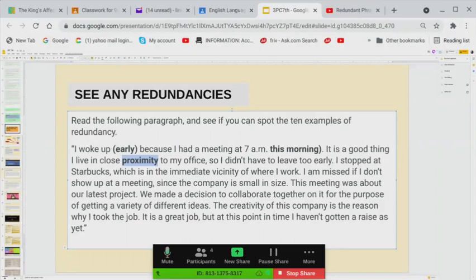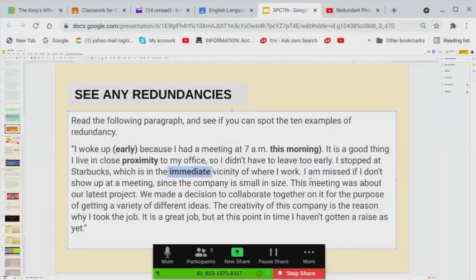Immediate and vicinity. Yes, immediate and vicinity. So I'm going to take out immediate, because if we were to take out vicinity, the sentence wouldn't read well. We'd have to say "I stopped at Starbucks, which is in the immediate of where I work." That's not making any sense. But if we said "it is in the vicinity of where I work," that can make sense. So we're taking out immediate to make the sentence sensible. Next one.